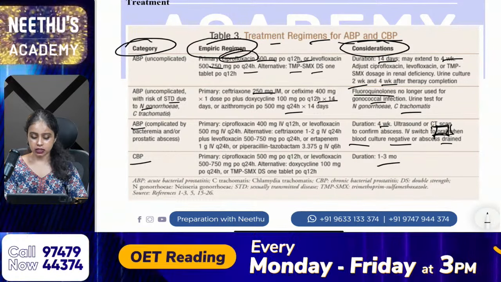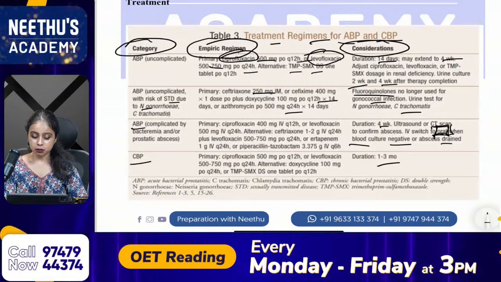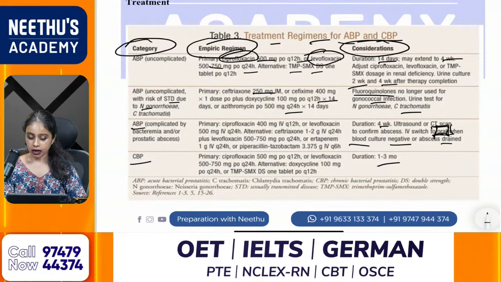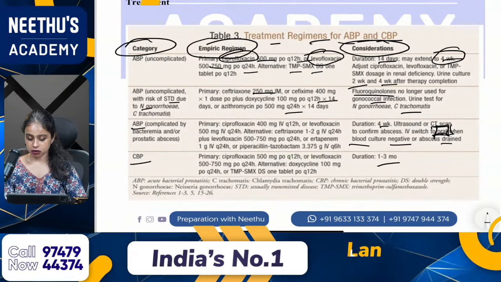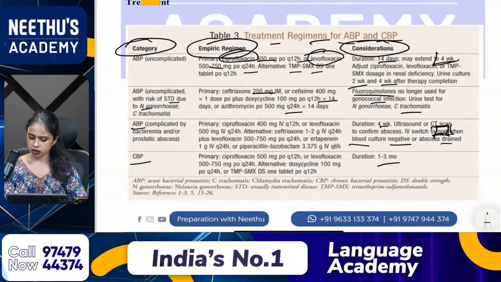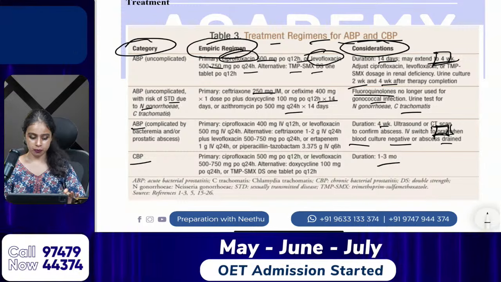The medications are mentioned in the first box, ciprofloxacin as well as levofloxacin, and it can be extended to 4 weeks. Weeks is already mentioned, so the answer is 4.